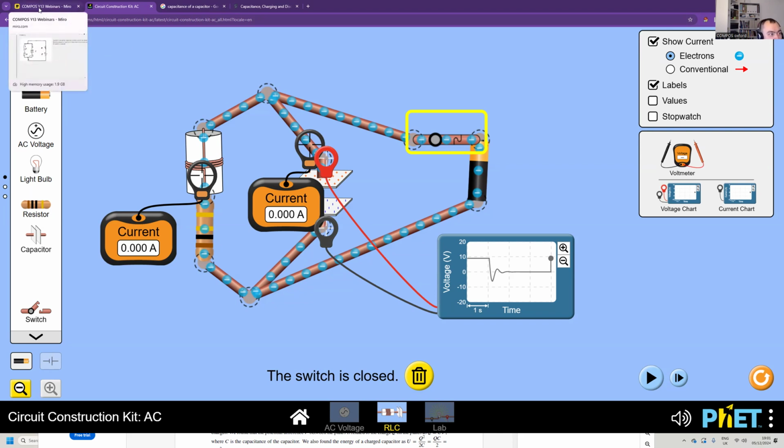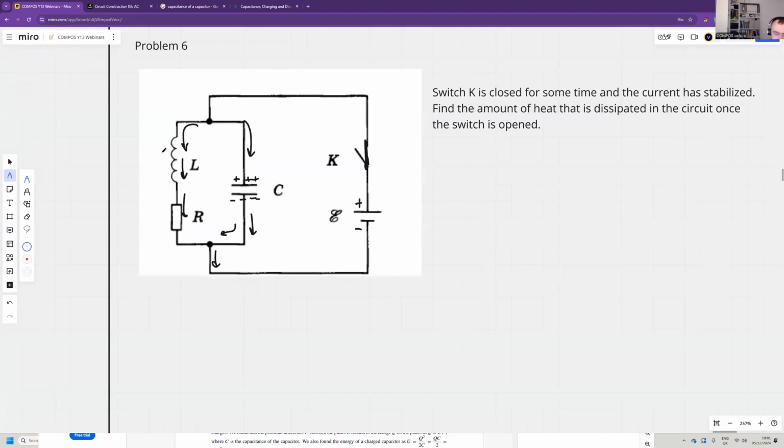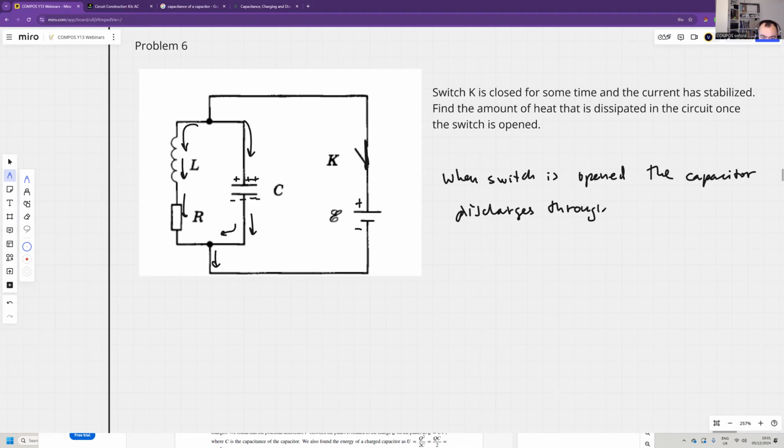So basically, when the switch is opened, the capacitor discharges through the L and R, and you have damped oscillations.